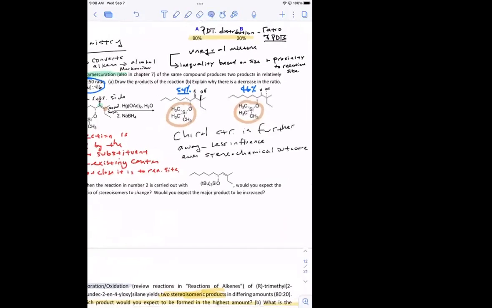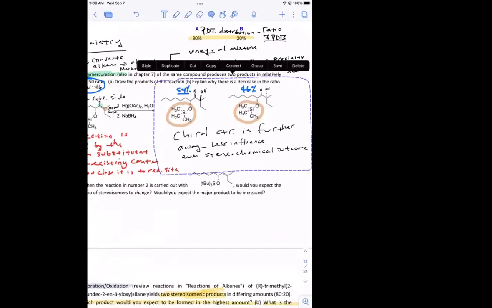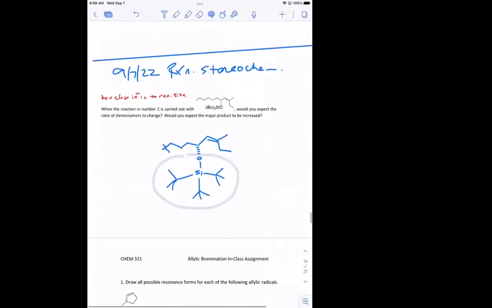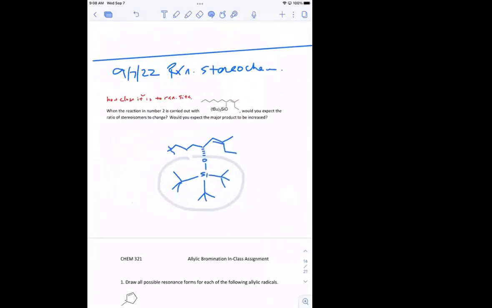And I'll cut this out and put it on the same page. So we'll have a point of reference.